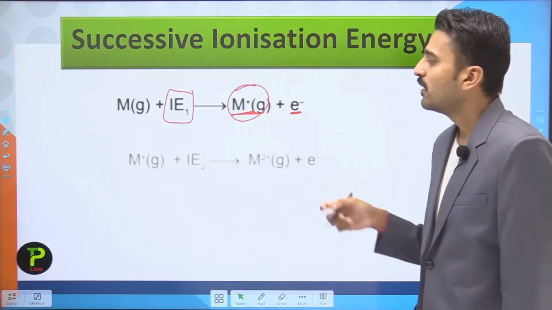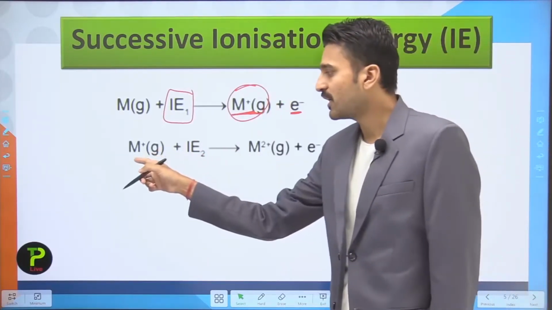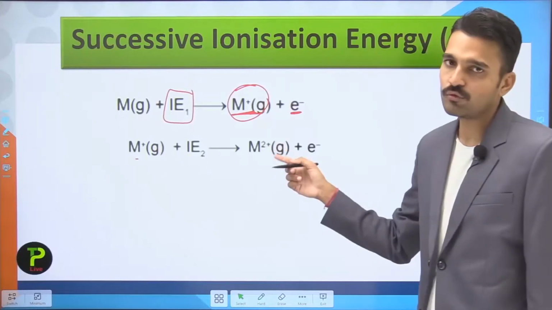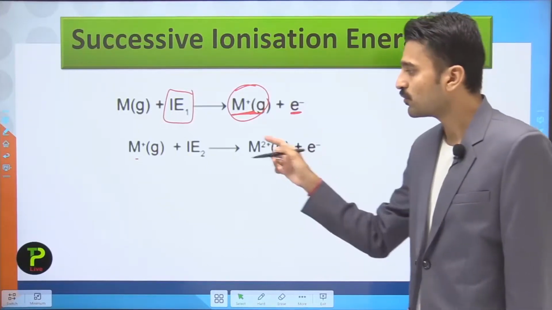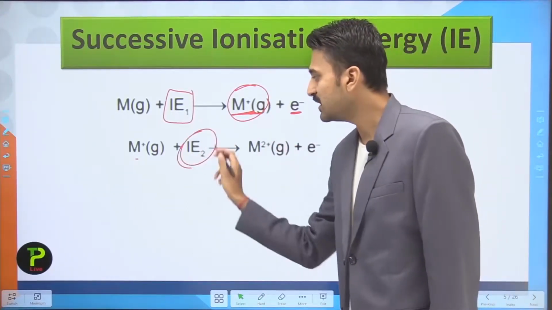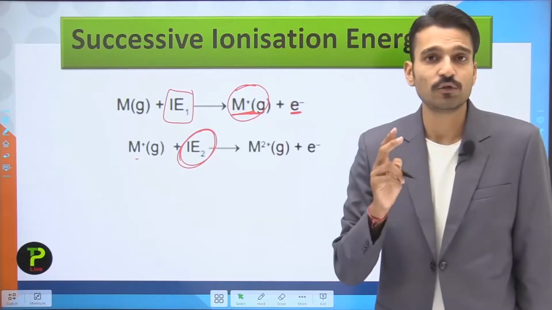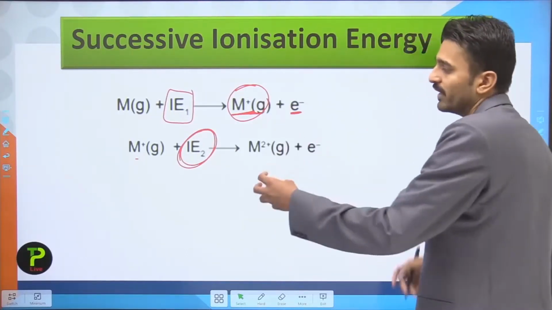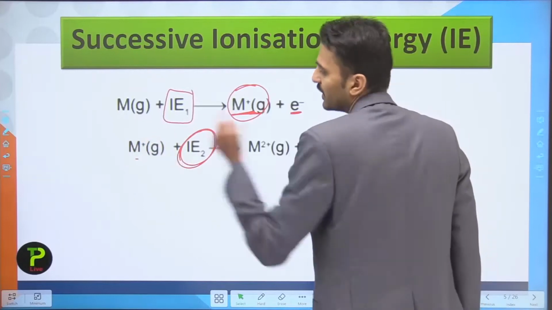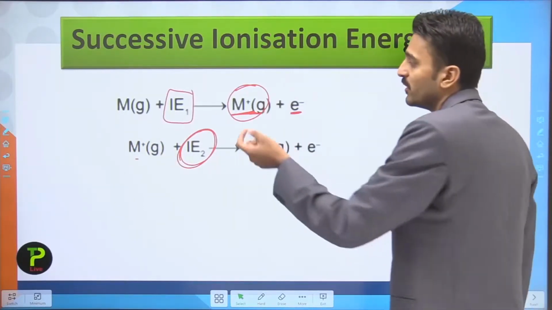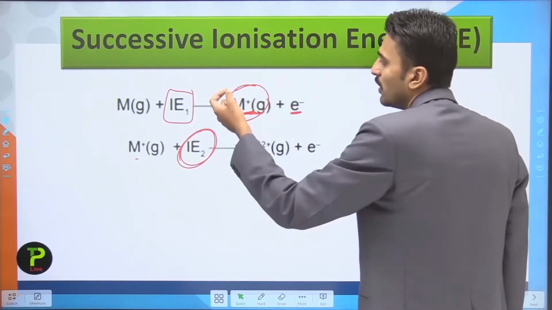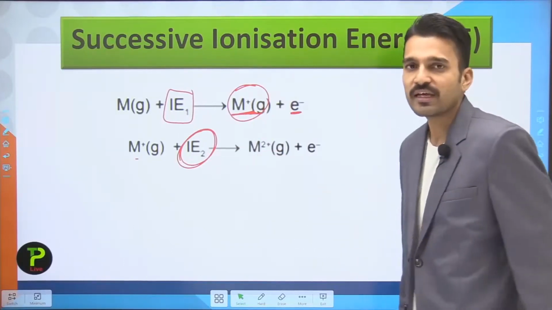On removing one electron from this cation, we get M plus 2 and one electron is removed. This energy is termed the second ionization energy. It is the removal of an electron from the cation formed by the removal of one electron from the metal present in the gaseous state.